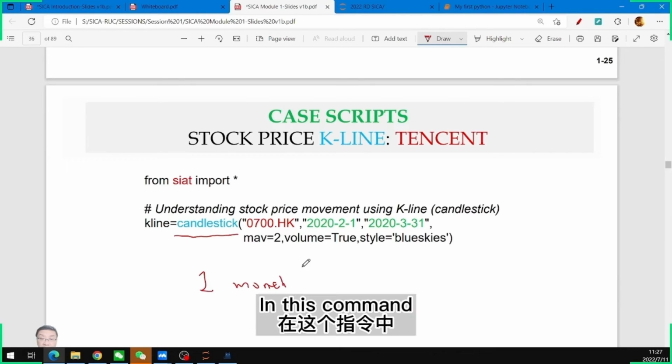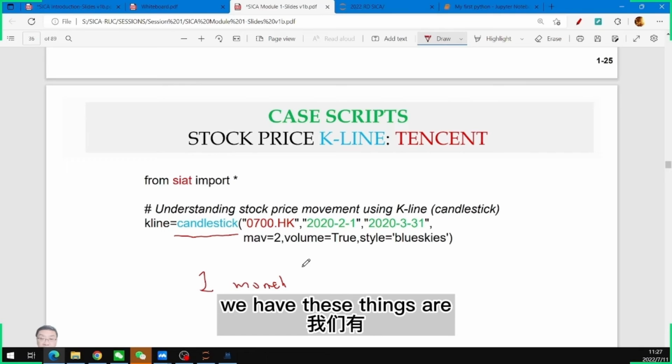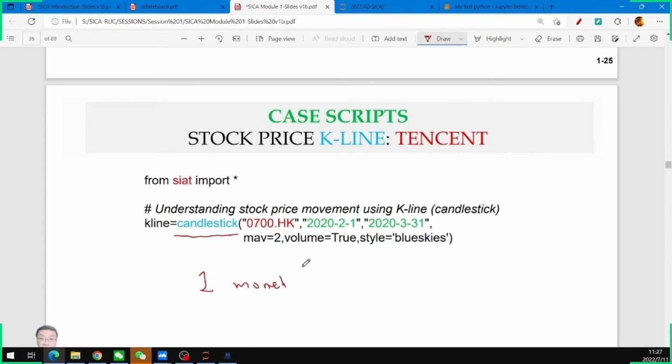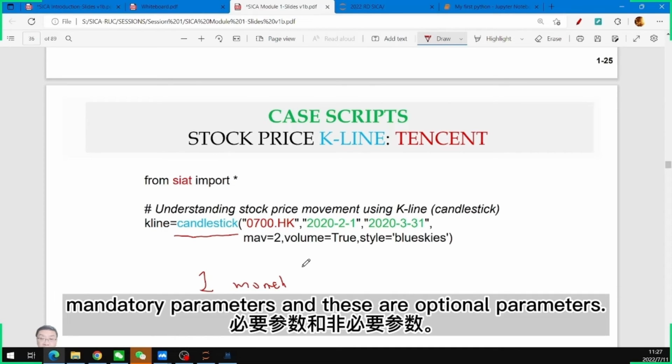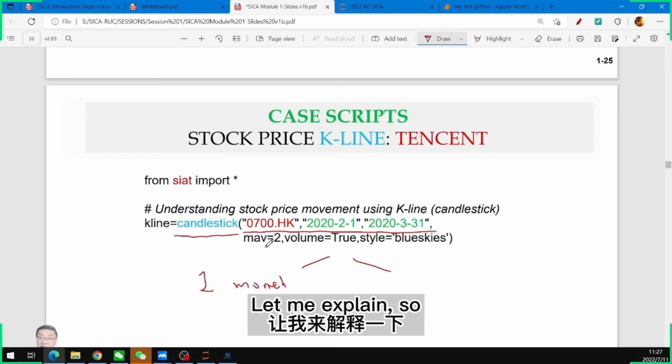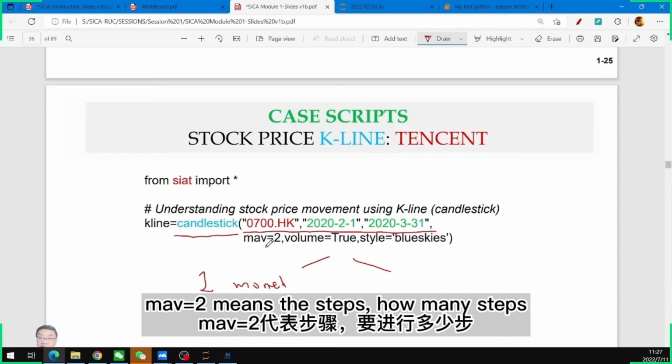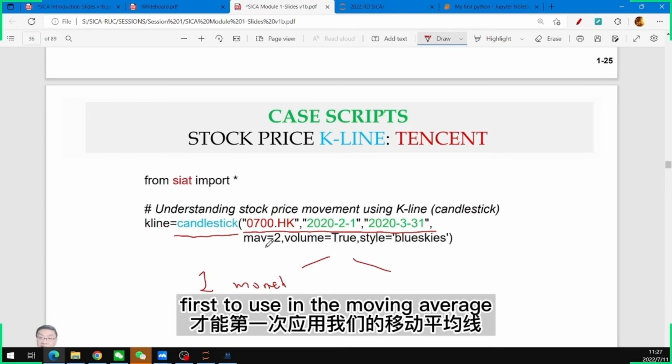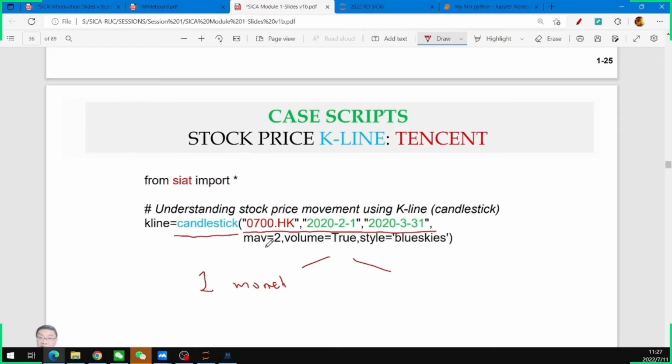In this command, these are mandatory parameters, and these are optional parameters. Let me explain. MAV equals 2 means the steps: how many steps to use in the moving average? By default, it's 2.